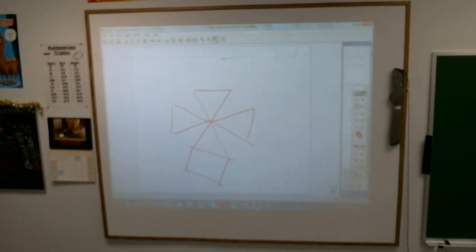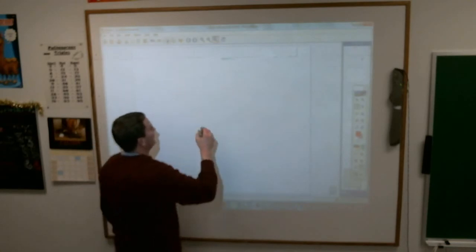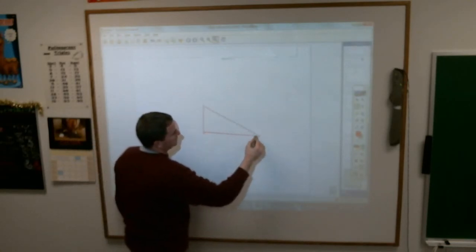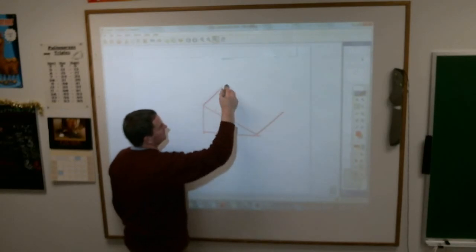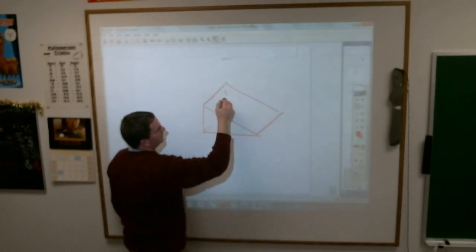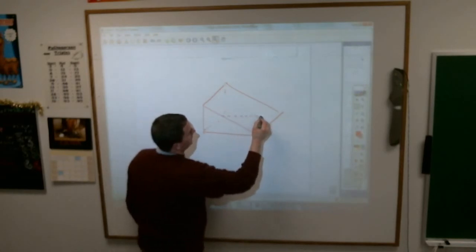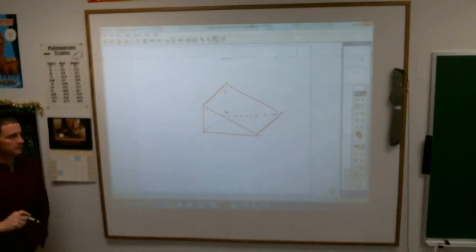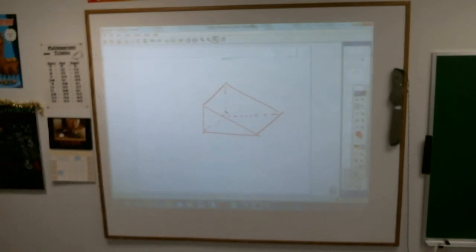Oh, one more, I guess. How about this one? What if you had this shape? A triangular prism. Sketch me out the net of that. Sketch me the net of it.